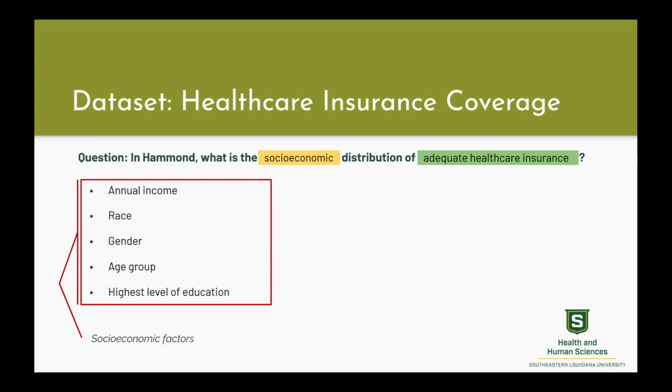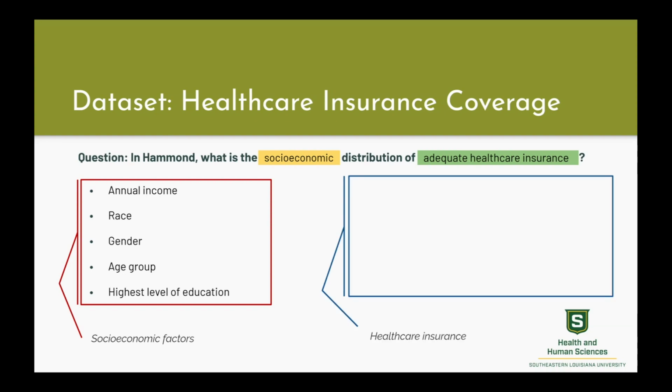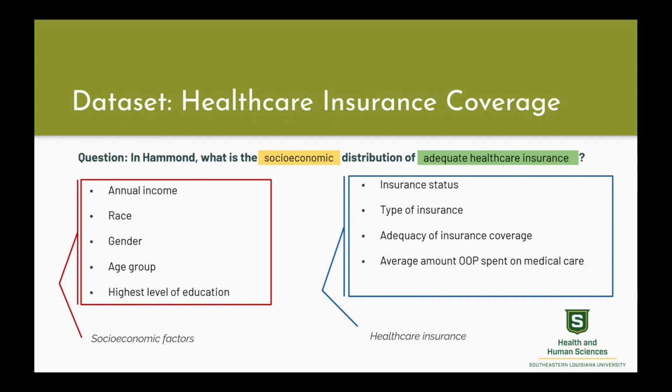Then we have adequate healthcare insurance. Some of the variables that fit in with this are insurance status, type of insurance, whether the people consider that their insurance gives them adequate coverage, and their annual average amount of money that they spend out of pocket on medical care.